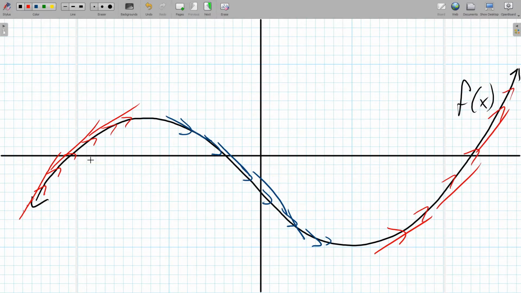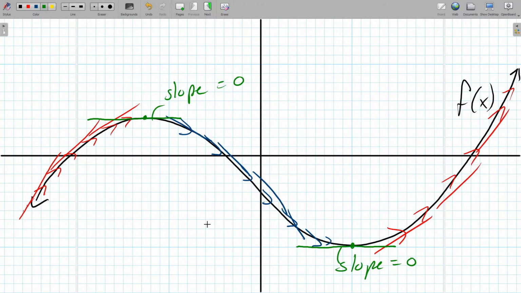Now something interesting happens when the function changes from increasing to decreasing or decreasing to increasing. We have these peaks and valleys. We have these maximums and minimums. So what's happening at these points? Well, if we have a tangent line on this point, the tangent line is going to be horizontal. Horizontal lines have a slope of 0.